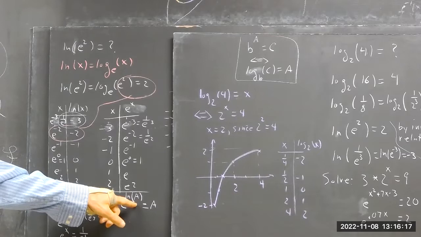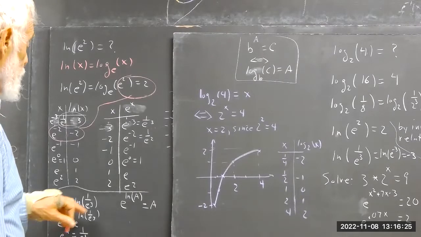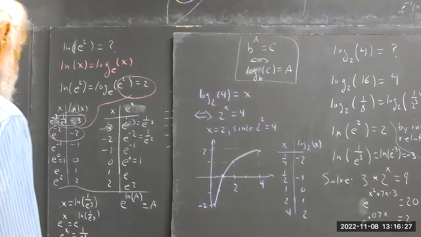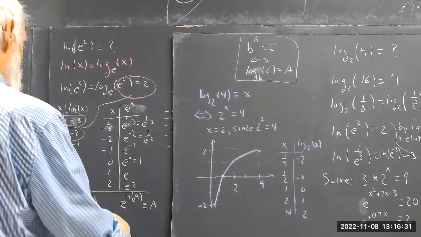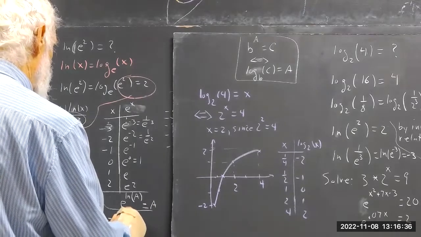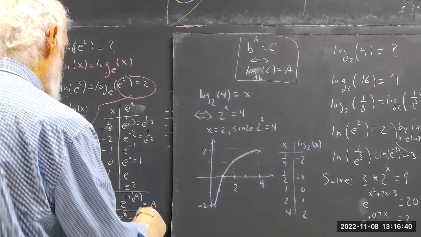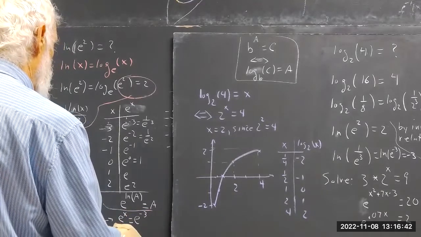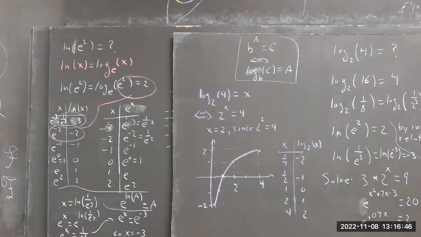Well, e to the natural log of anything is just that anything, because we have an inverse function. So e to the natural log of one over e cubed is just one over e cubed. Then you have to recognize that one over e cubed is e to the -3, so x equals -3.